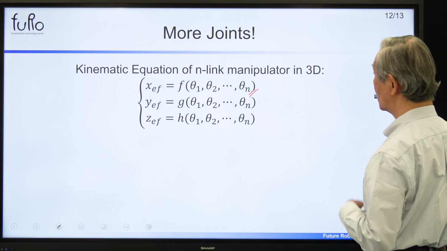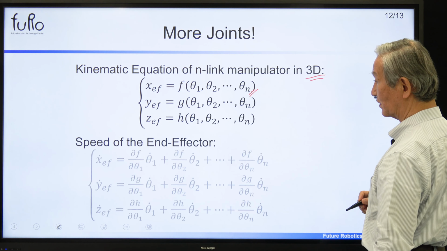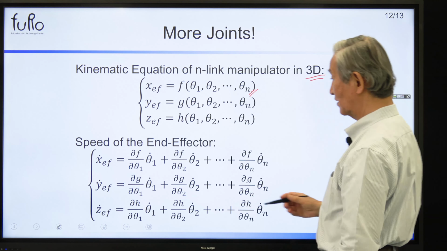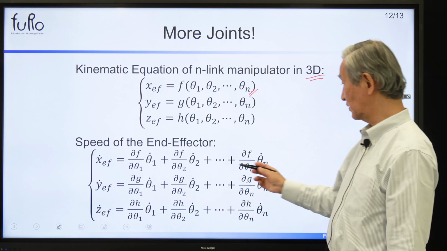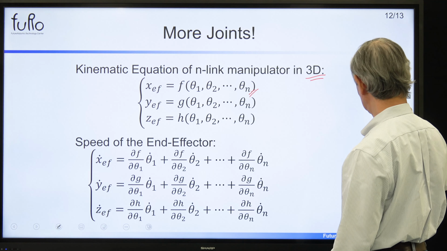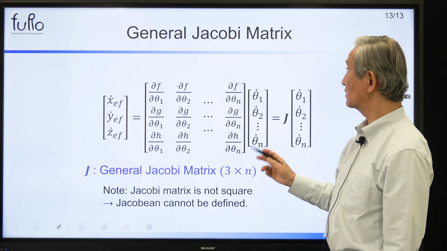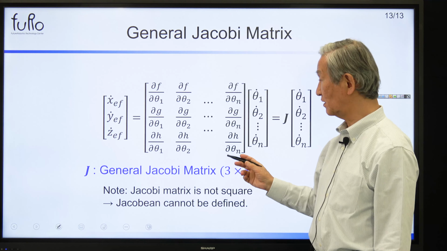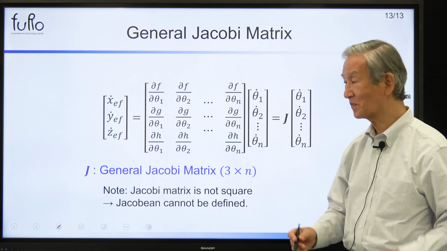Kinematic equation of an n-link manipulator in 3D. So with this one here, the speed of the end-effector, well, you can guess that this is going to be this form, and this is correct. You will come up with this equation. And put them together, you will come up with the general Jacobi matrix here.